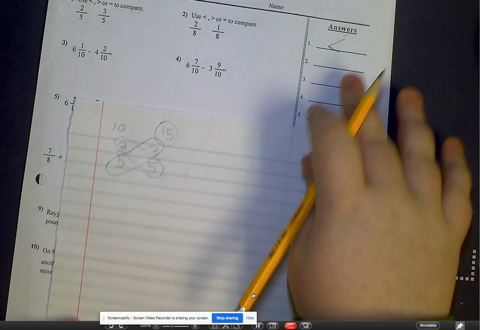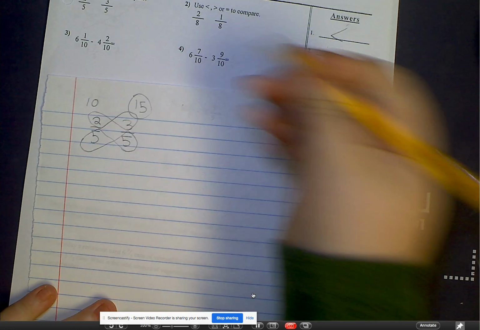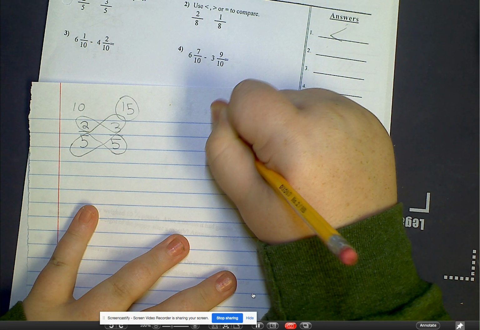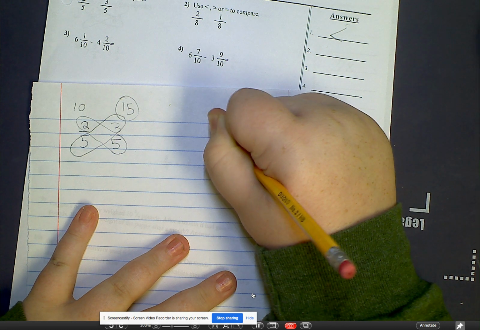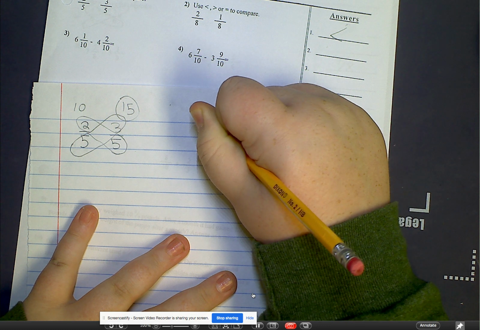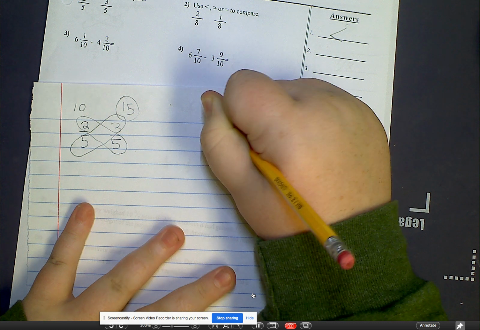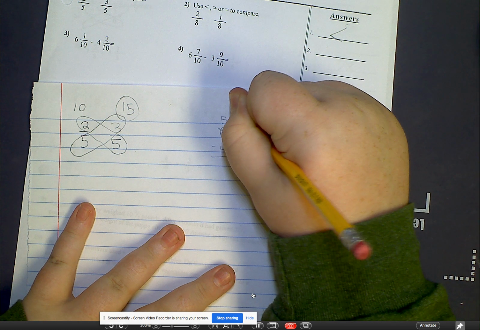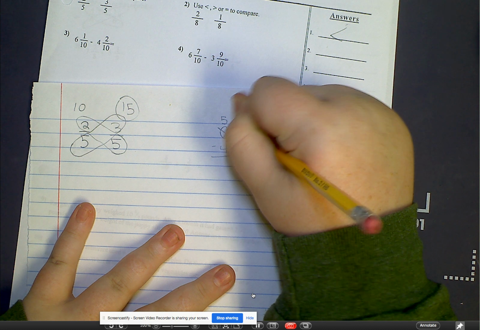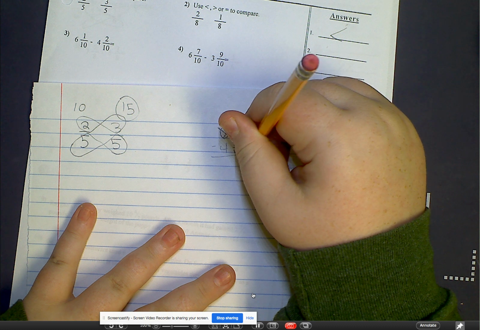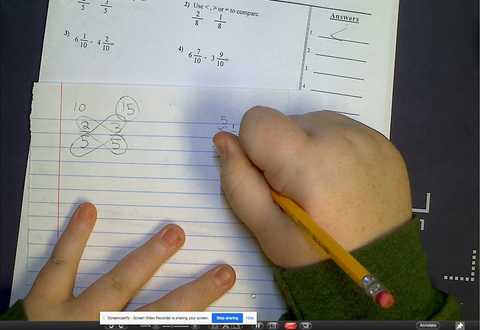Okay. Next, we're going to do number 3, which is 6 and 1/10 minus 4 and 2/10. So we're going to cross out the 6 and turn it into a 5, and plus 10 over 10, which is 11 over 10, minus 2, which is 9/10.